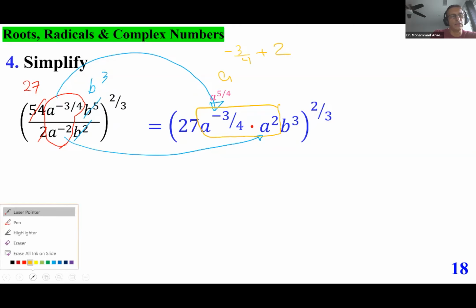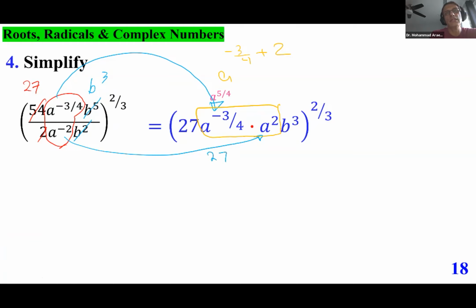If you want, I can write the intermediate step as follows. So you can write 27 to the power of 2/3, a to the power of 5/4 times 2/3, and b cubed with the 3 times 2/3, which gives us the following.